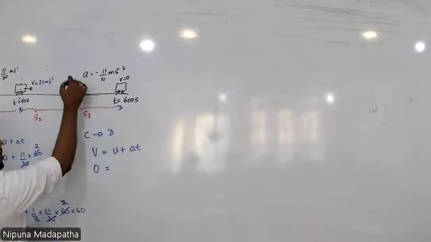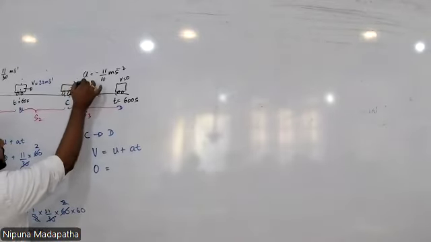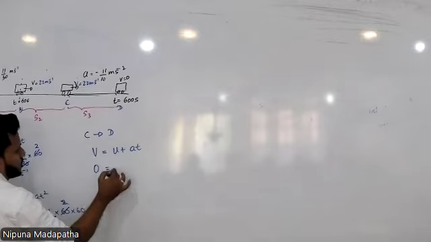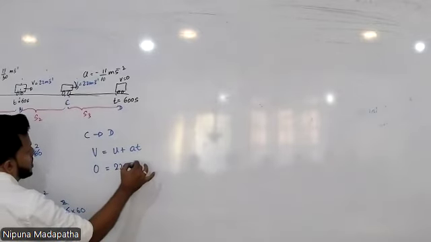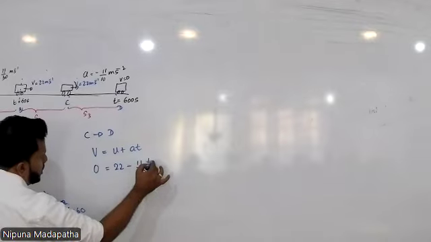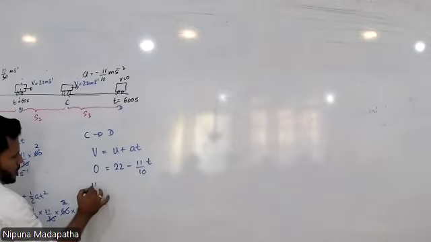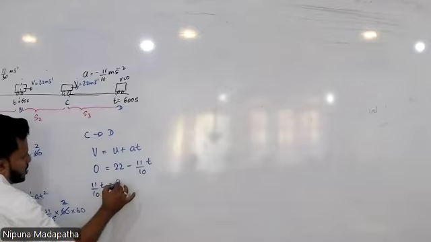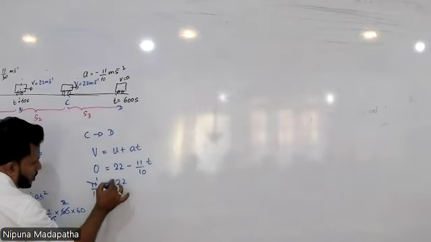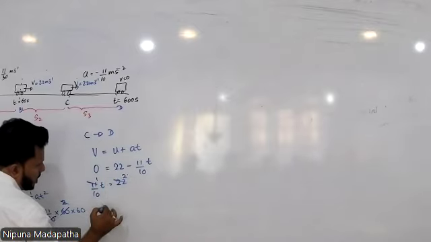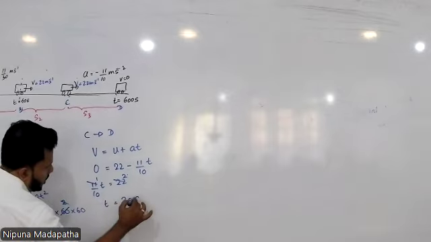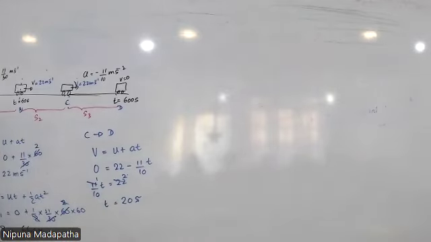Initial velocity is the velocity at this point, which is 22. Deceleration is 11 over 10. 22 equals 11 over 10 times t, so t is 2 times 10. Deceleration time is 20 seconds.